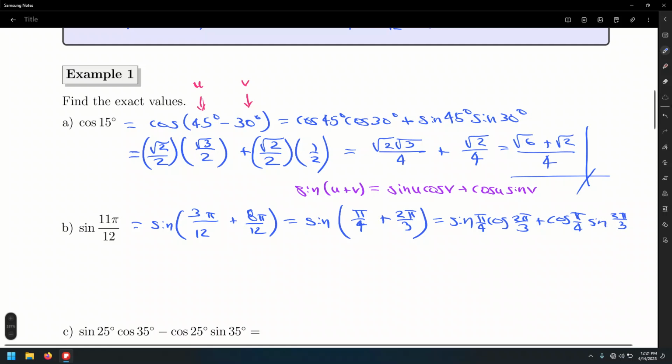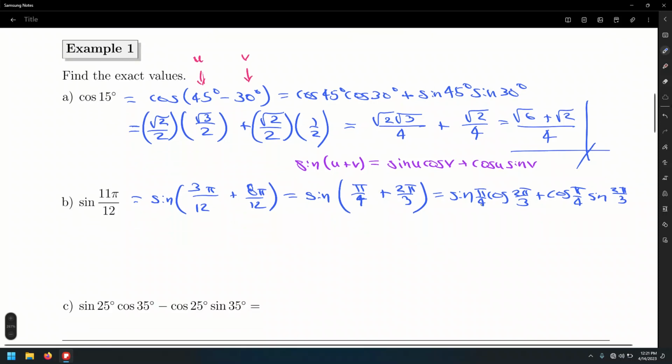At this point, hopefully we are a little more fluent with the values of the unit circle, or at least know that these values are going to change their sign based on the quadrant that we're working in. Well, pi over 4, that's an angle in the first quadrant, so all trig functions are positive, right? And well, for pi over 4, that's root of 2 over 2.